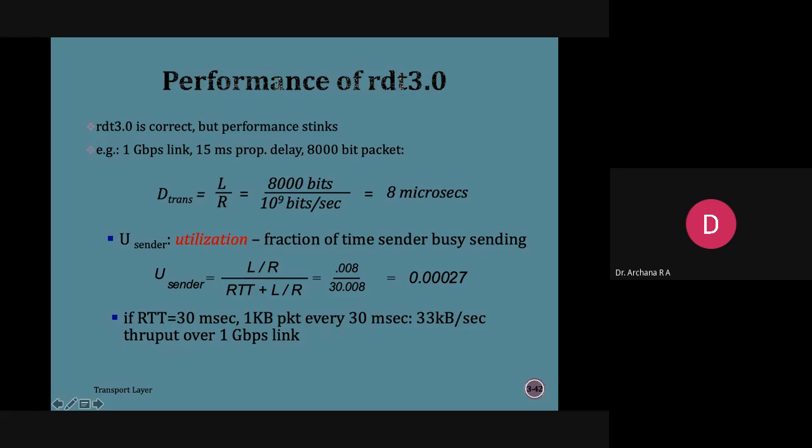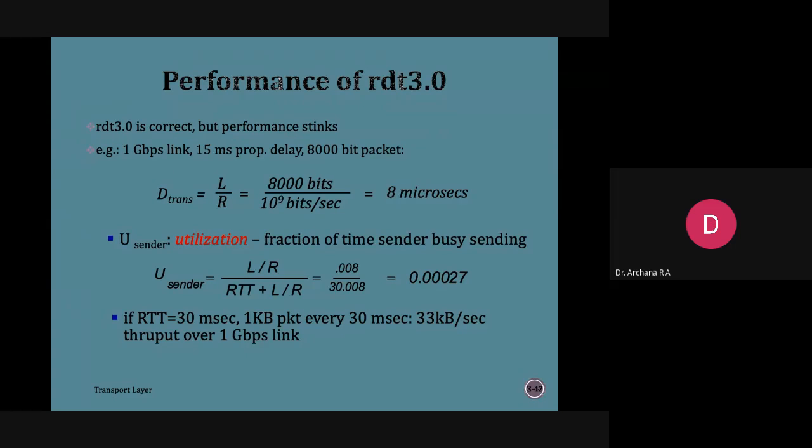Out of the 1 Gbps link, only 0.0027% of the link is utilized, meaning the time is utilized to transmit. If there is 100%, out of that only 0.0027% has been utilized to transmit.